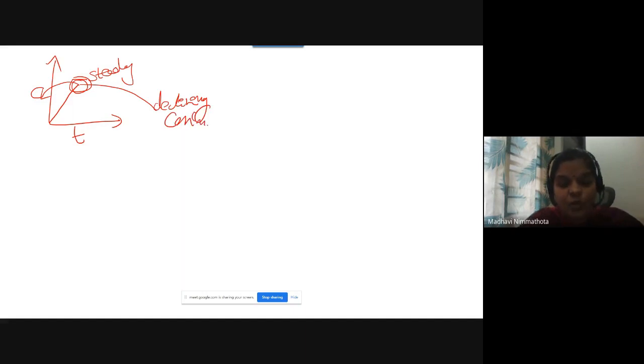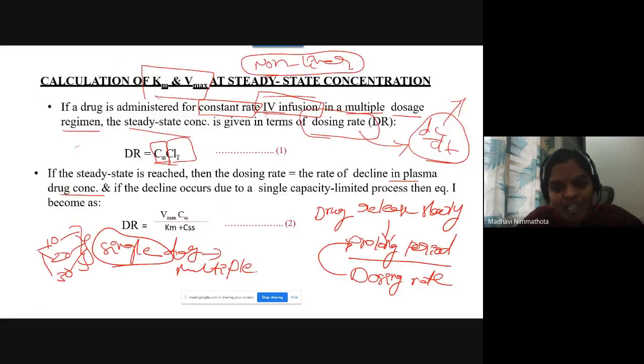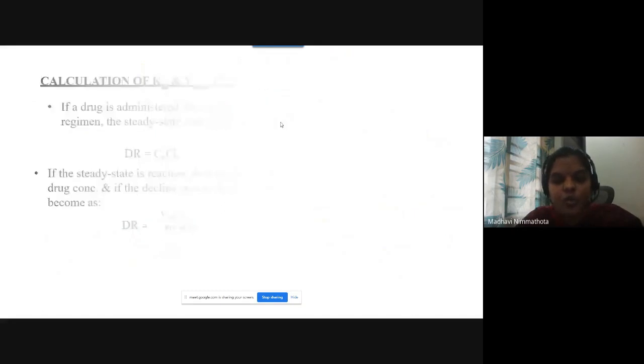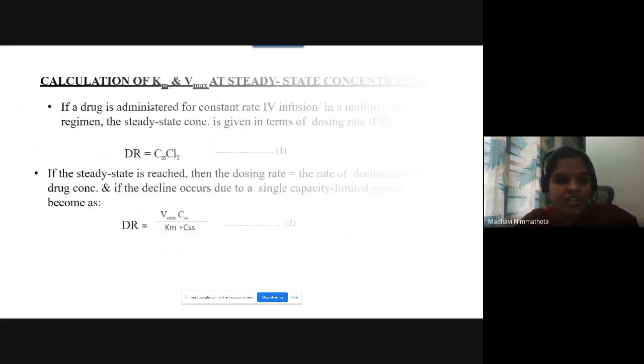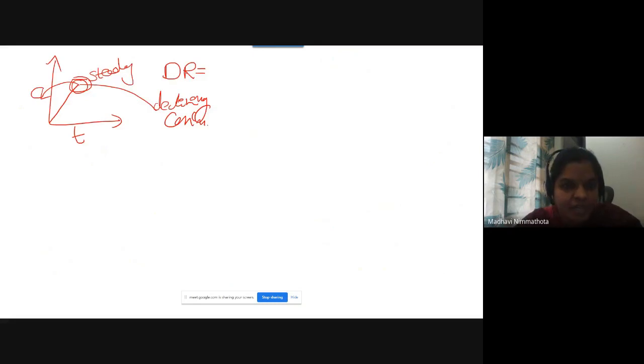So, at this point, your dosing rate DR equals the rate of decline in plasma drug concentration. Once your drug reaches this steady state, DR equals the rate of decline in plasma drug concentration. Only up to this mark it is increasing. After that it is declining or decreasing.